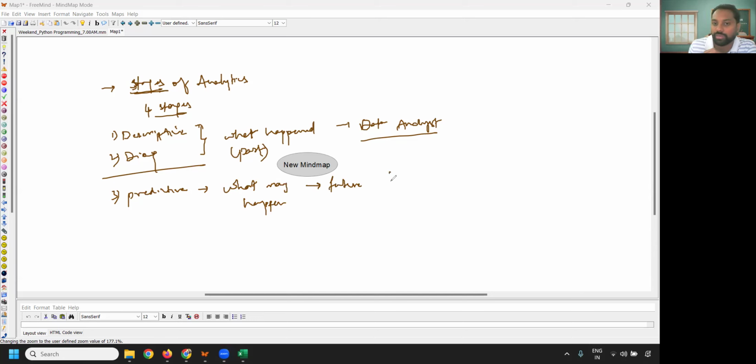And this is where your machine learning engineers come into the picture. We use statistical methods, which can be explained using this equation, y is equal to f of x, which defines the relation between the outcome, which is being caused by some factors. Those factors are represented as x. This is predictive analytics.